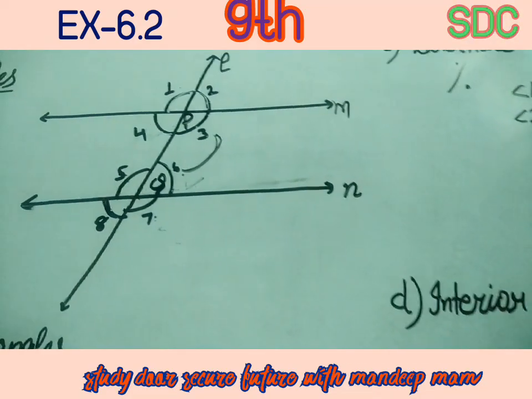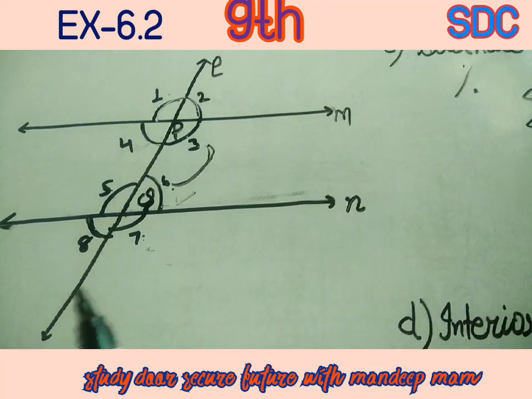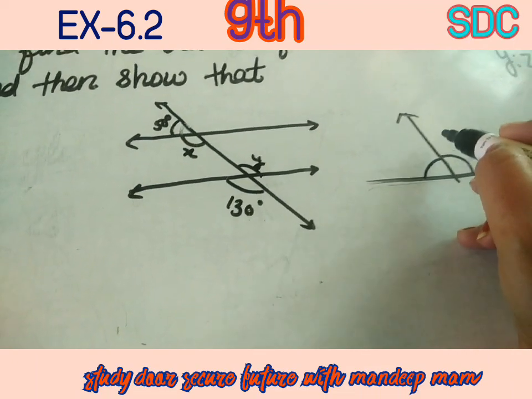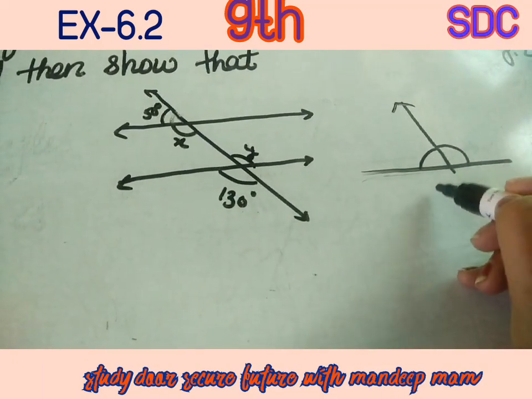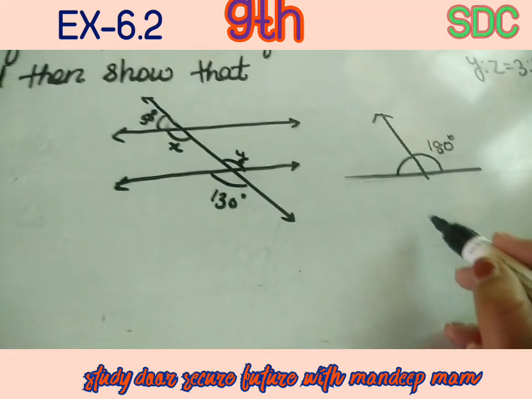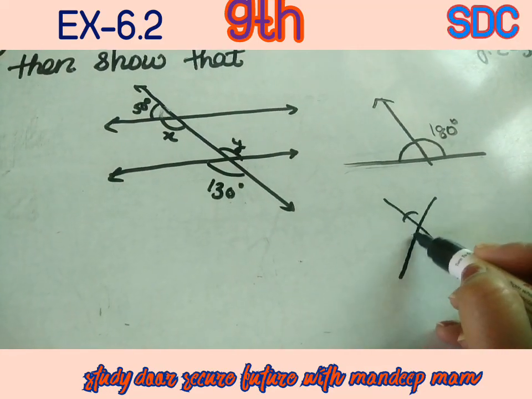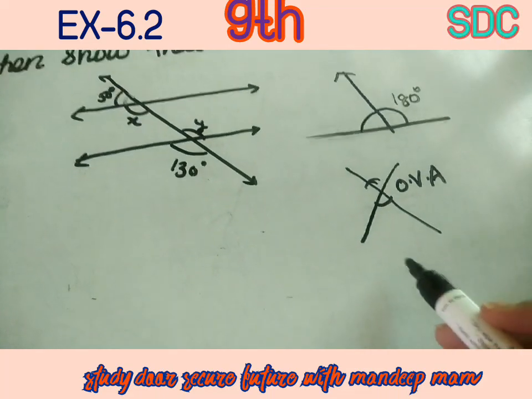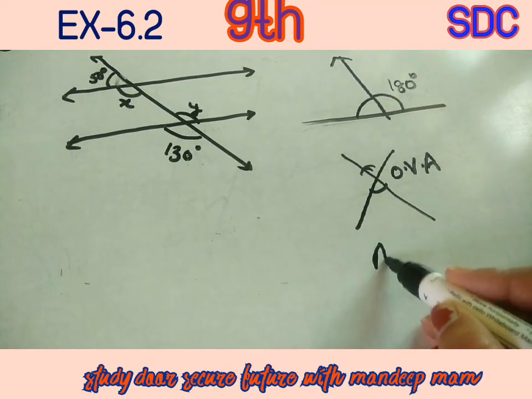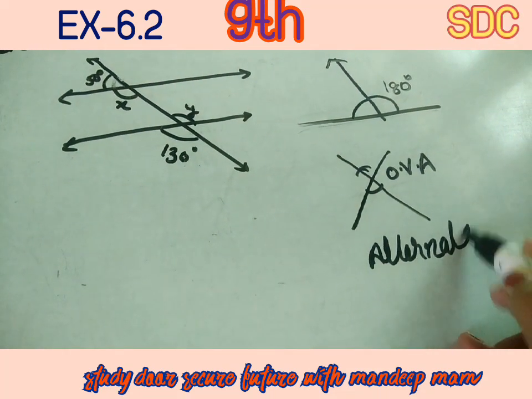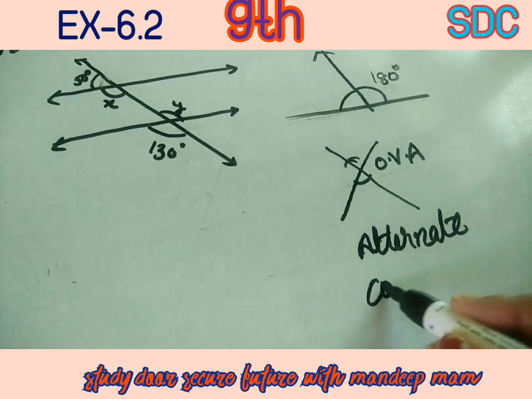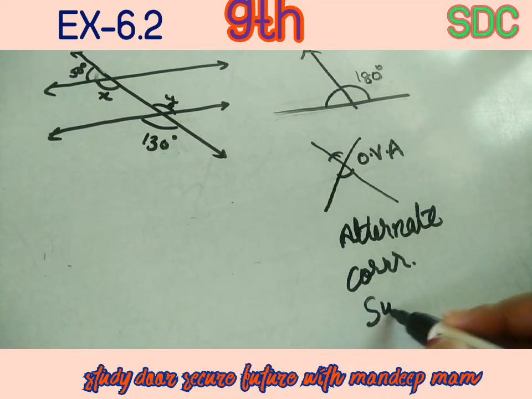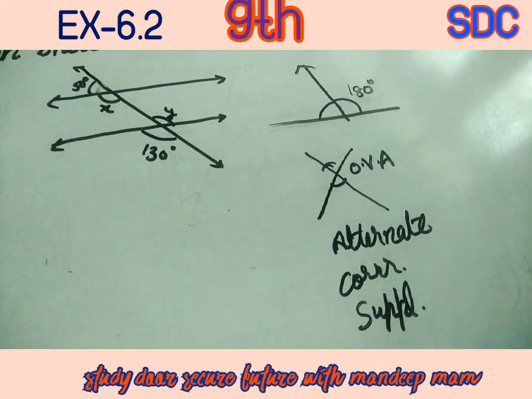If they are supplementary angles, then their sum will be equal to 180 degrees. The first property was that a linear pair of angles is 180 degrees, meaning the sum of angles on a line is 180 degrees. The second property was that opposite vertical angles are equal. The other properties we have done are alternate angles, corresponding angles and supplementary angles, right?